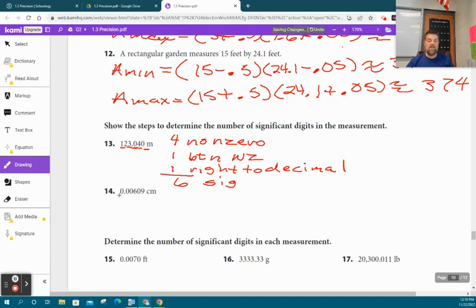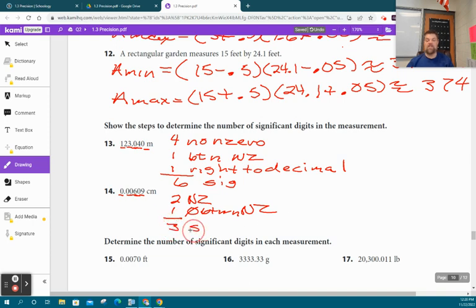Now this one, I've got 1, 2, 3. Well, let's start with the non-zeros. So I have 2 non-zeros. Then I have 1 zero trapped between non-zero numbers. And then how many do I have to the right? Well, none. So that's it.